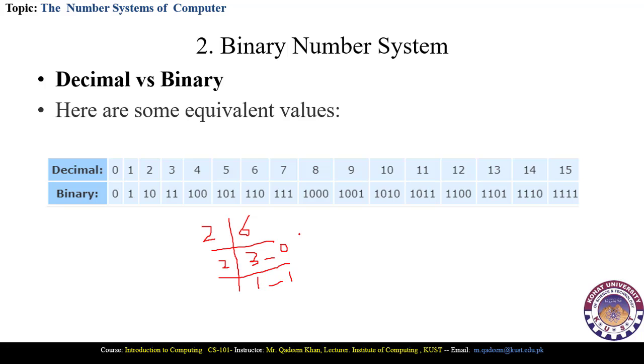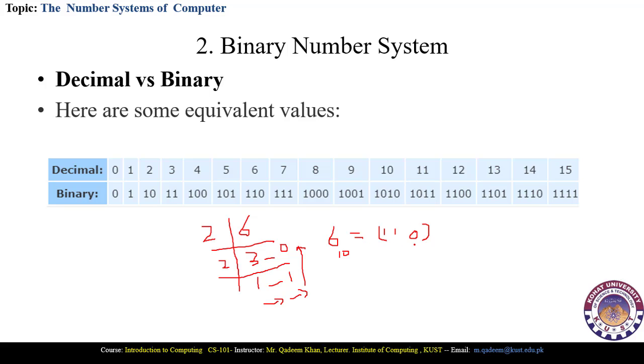So 6 is equal to 1 1 0, counting from here. We will start writing from this direction, then go to the upper direction. So this is 6 in the decimal number system, which has the base 10, equal to 1 1 0, and it has the base 2.